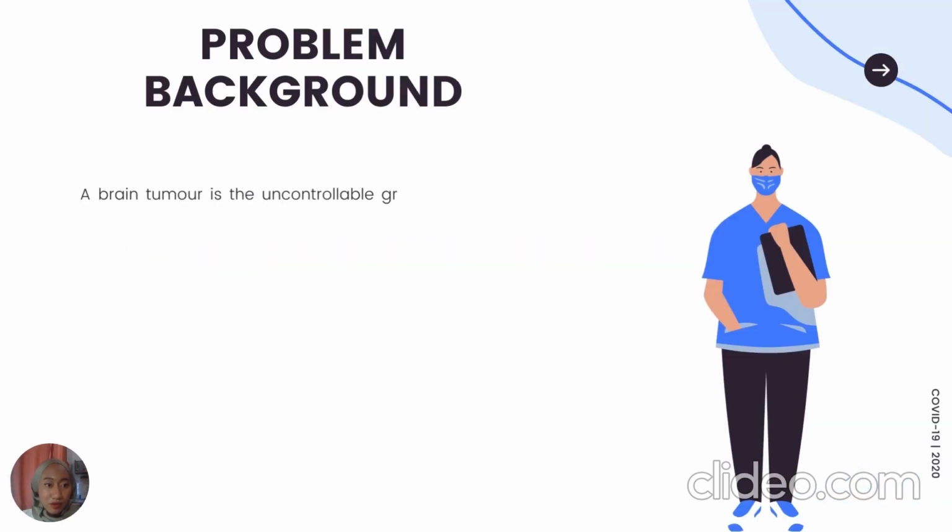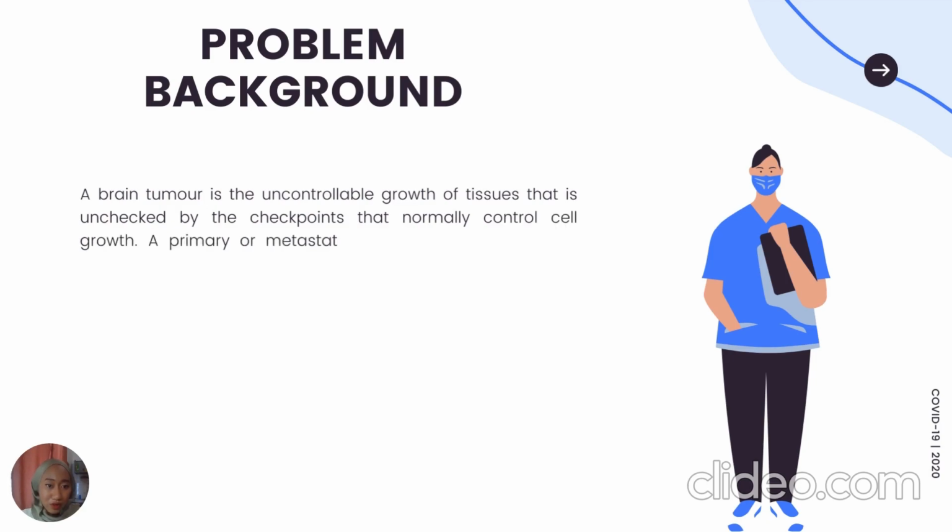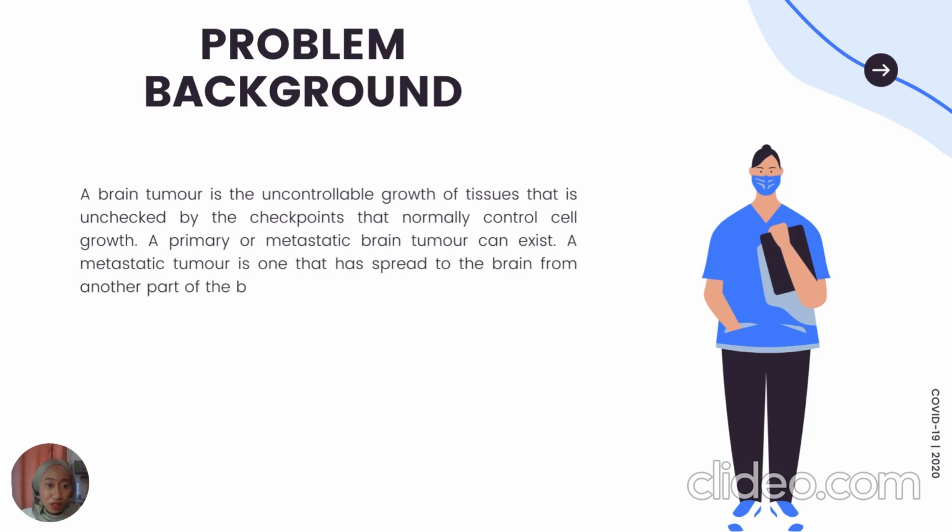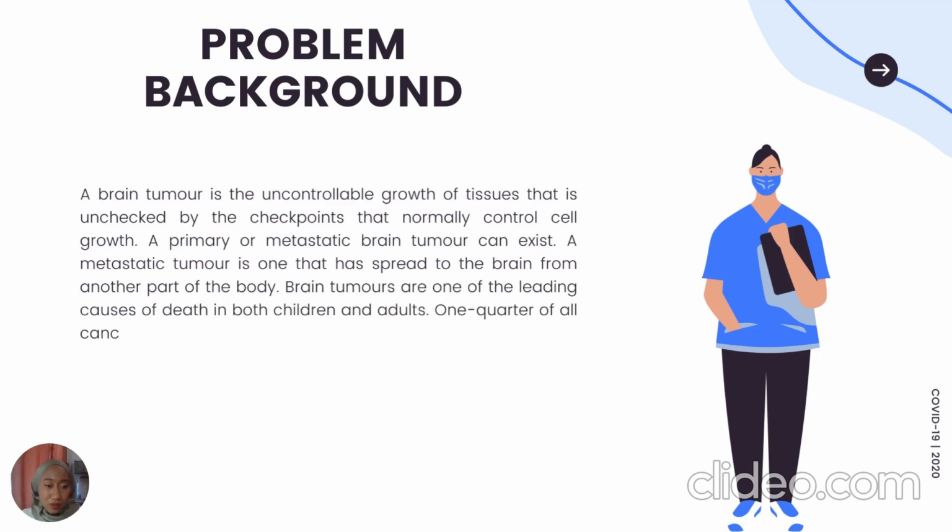So the problem background is that brain tumor is the uncontrollable growth of tissues that is unchecked by the checkpoint that normally controls cell growth. A primary or metastatic brain tumor can exist. A metastatic tumor is one that has spread to the brain from another part of the body. Brain tumors are one of the leading causes of deaths in both children and adults.